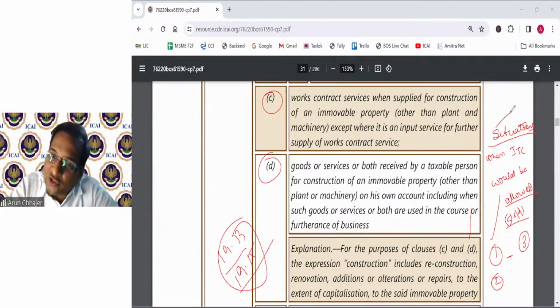Give me the answer, the situation when ITC would be allowed.